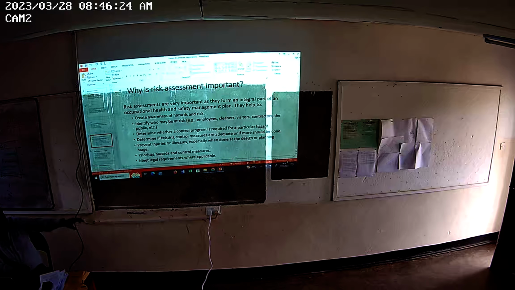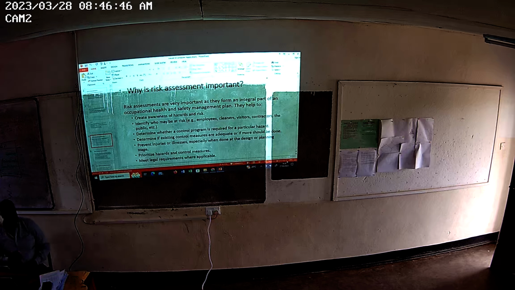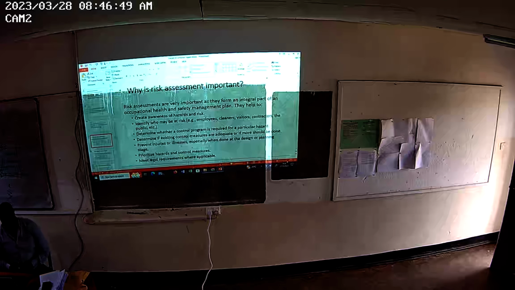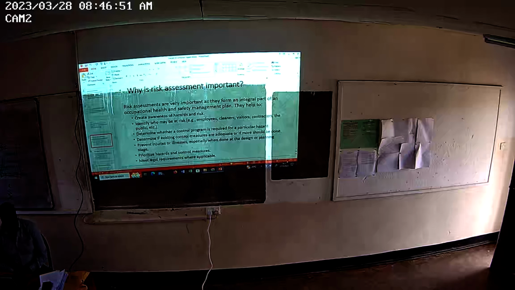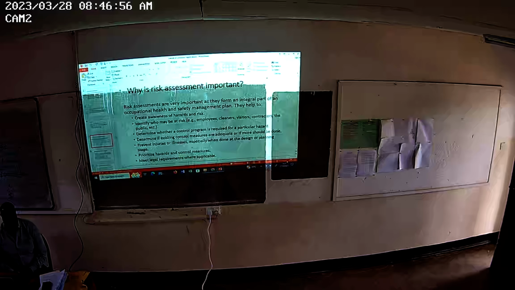If it wasn't for those guardrails, there are chances someone can slip and fall, then get hurt. So you identify who is at risk. Which people are at risk? Students, lecturers, and cleaners. Okay? What do you do to mitigate that risk? Then you put those guardrails there.